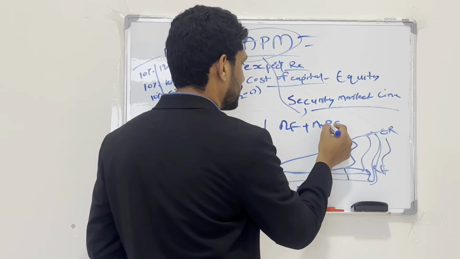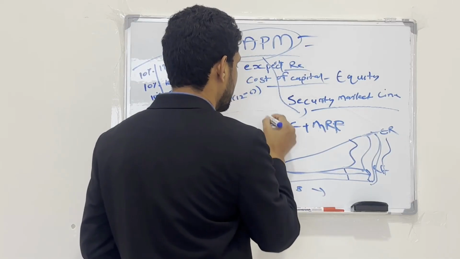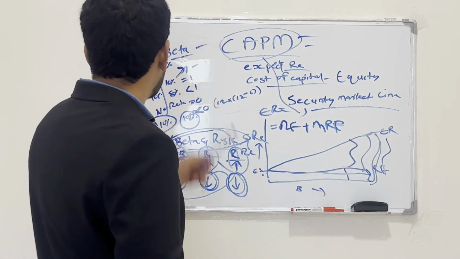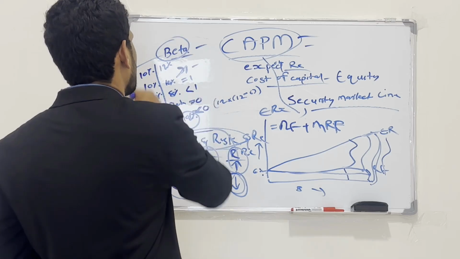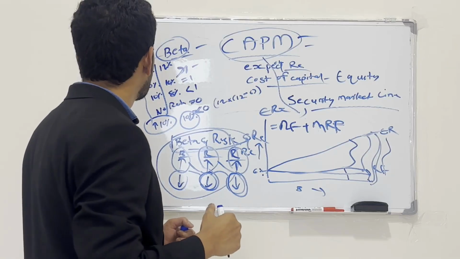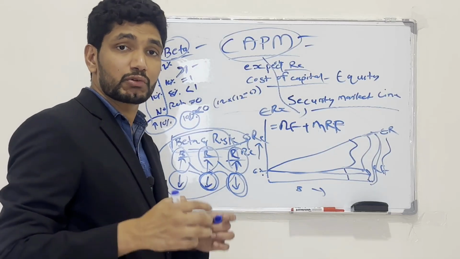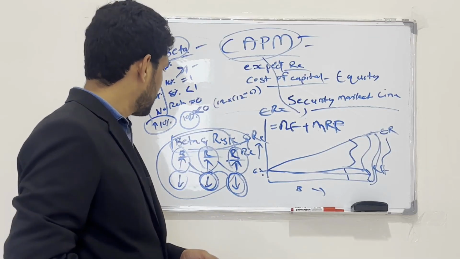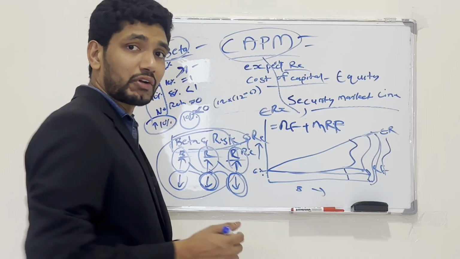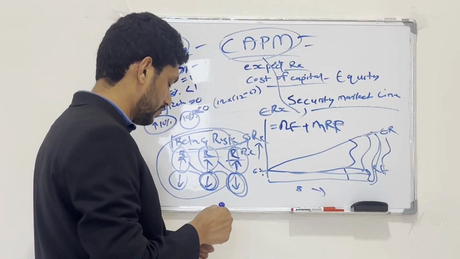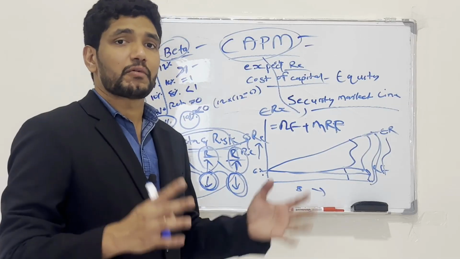We also discussed beta and the different types of beta: greater than 1, equal to 1, less than 1, 0 and less than 0. Finally, we discussed the relationship between risk, return and beta. So this is about today's discussion.